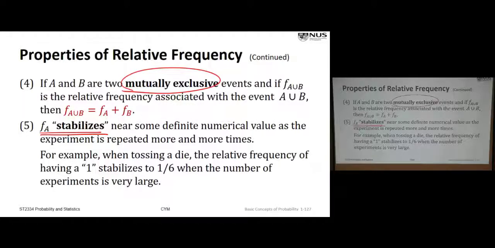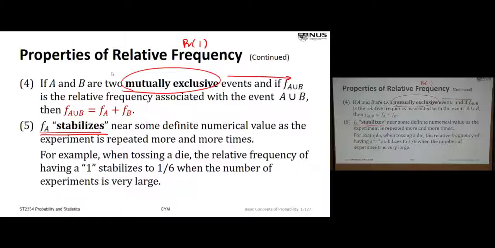So f(A) will fluctuate, especially when your n is small, like 100, 200. Then you don't expect it to be very stable. But as n gets larger, like tossing a die, I want to know the probability of getting a 1, for example.